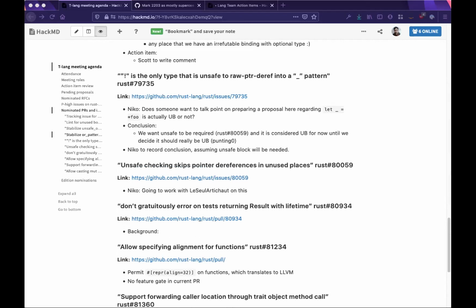And in some related cases like match star foo, it might actually be unsound because we force a discriminant read and things like that, right? Yeah, trying to remember.